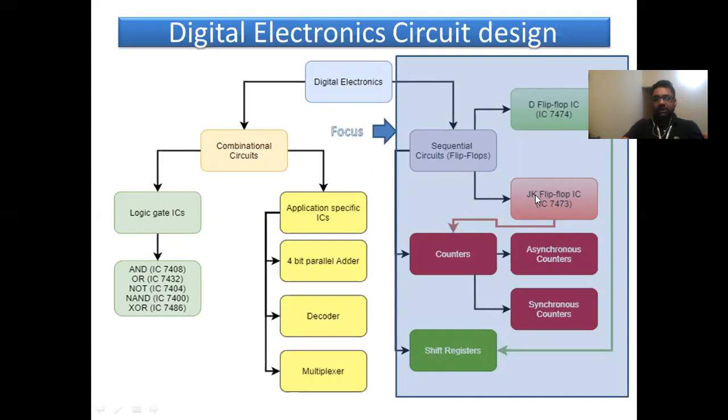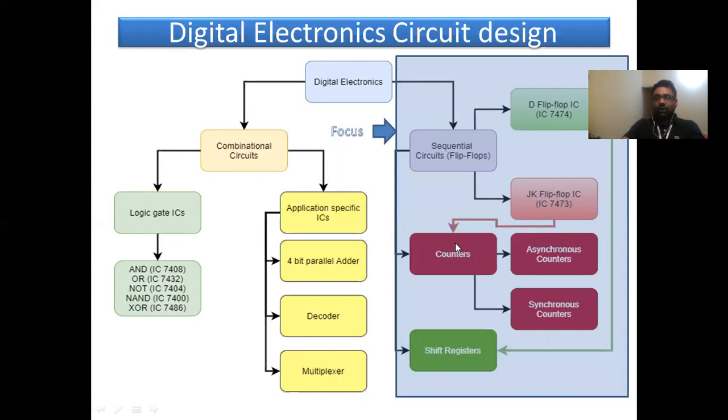So as you can see, the pink color is mostly the JK flip-flop side. From the JK flip-flop side, we have mostly counters. In my prior videos, I have told you why JK flip-flop is more suitable for designing counters, because in most counter design implementations, we require toggle.